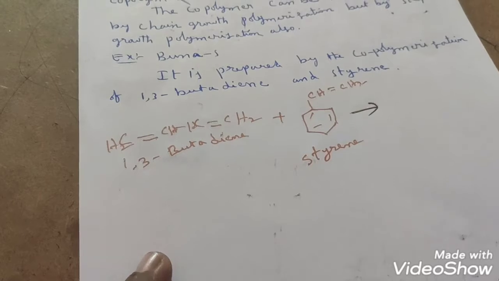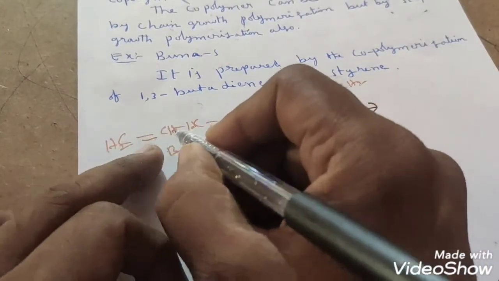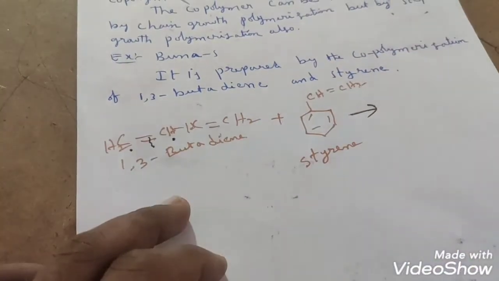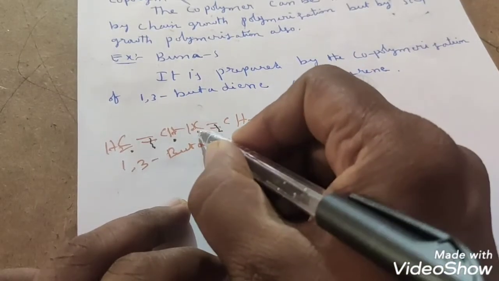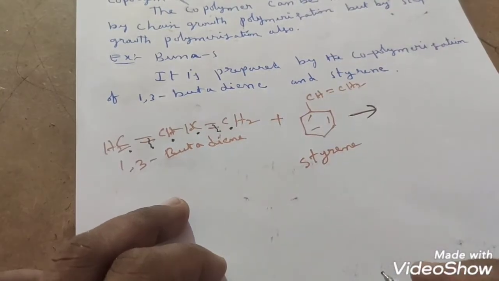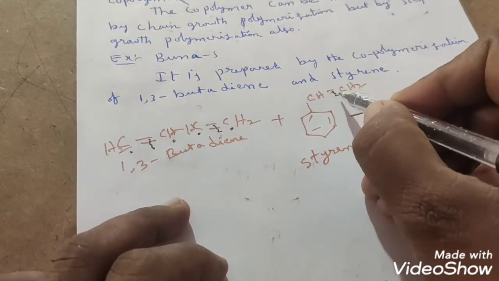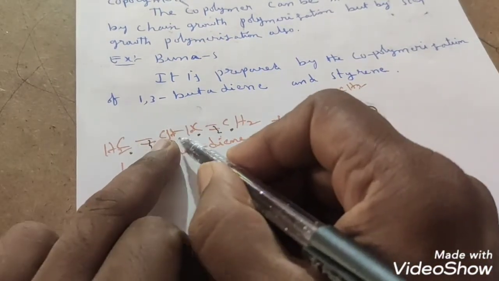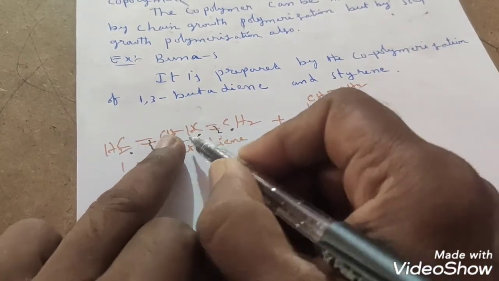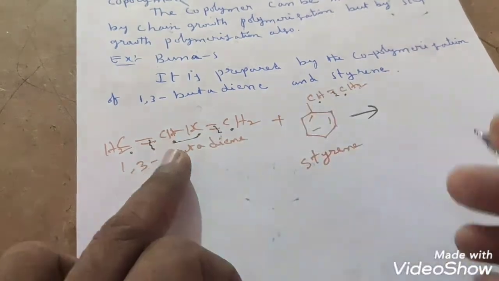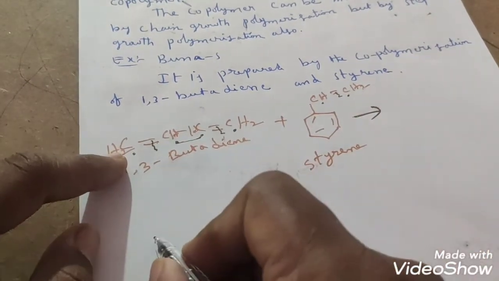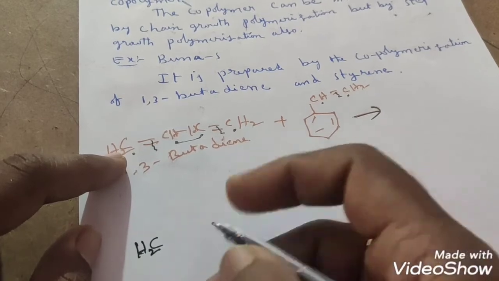Very simple. Wherever the double bond is present, it will break and produce free radicals. Correct? Here also the pi bond will break and produce a free radical. Here also it will break, and these free radicals will combine. CH2 is there, so you can take that CH2 as it is.